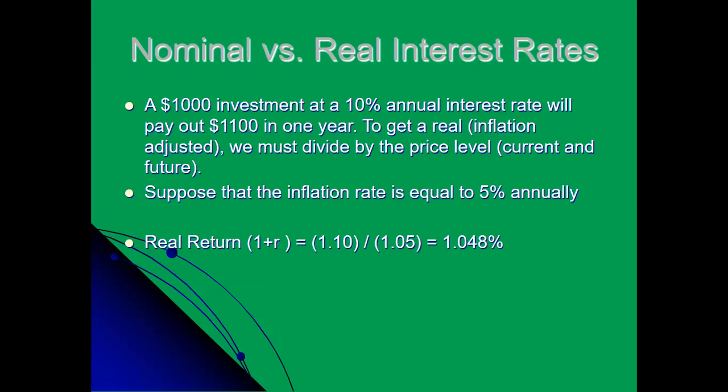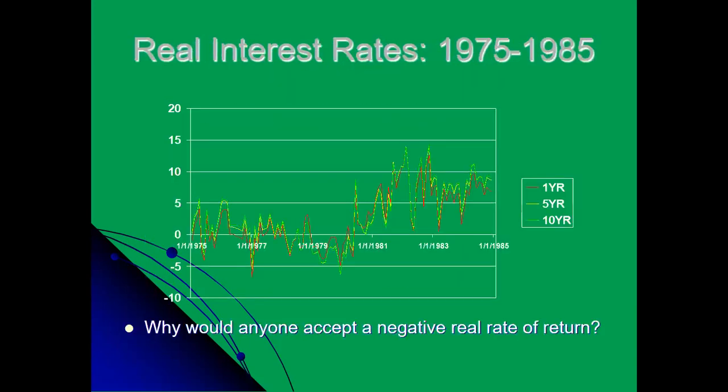This is close to 4.76% or 4.8%. Then this is a particular graph that shows the real interest rates from 1975 to 1985. So a 10 year duration, and very fluctuating. We can see that the trend is increasing. That's a good thing. Why would anyone accept a negative real rate of return?